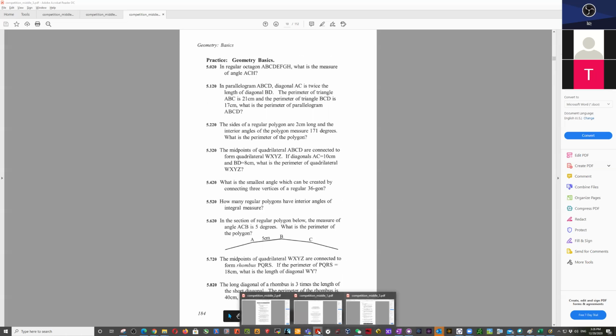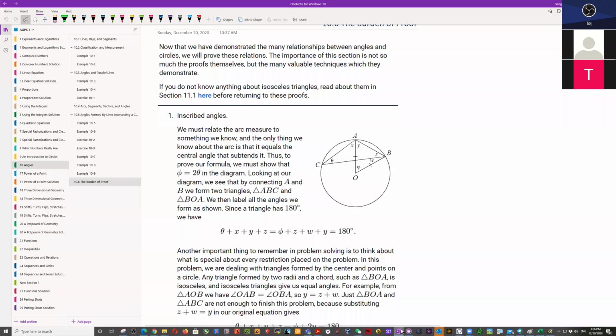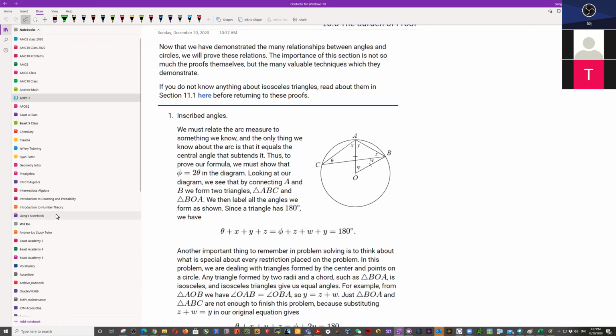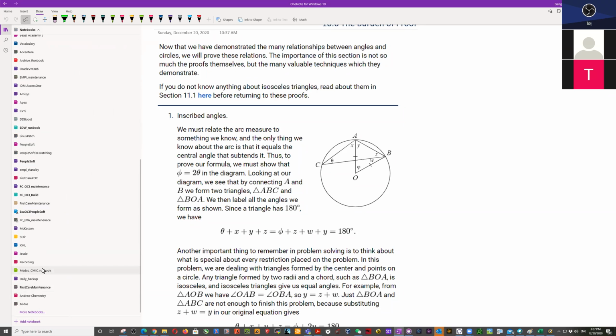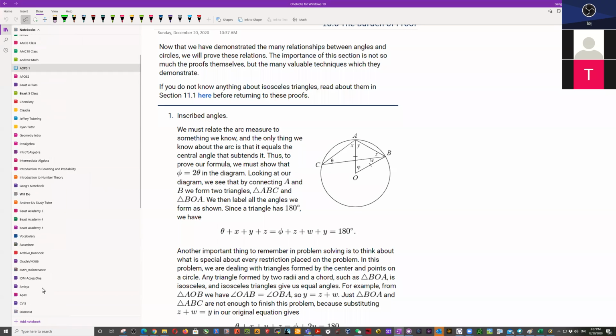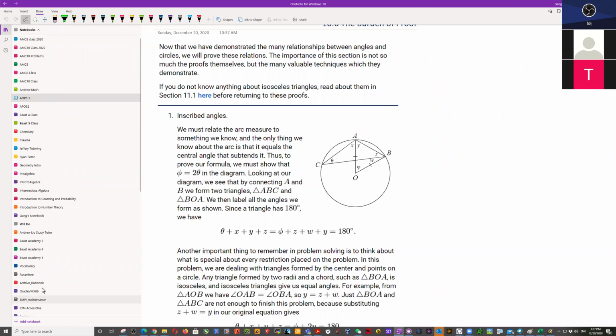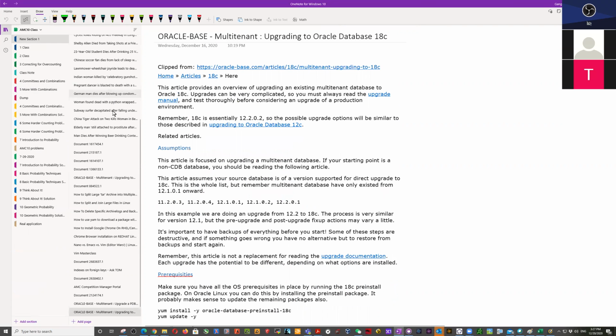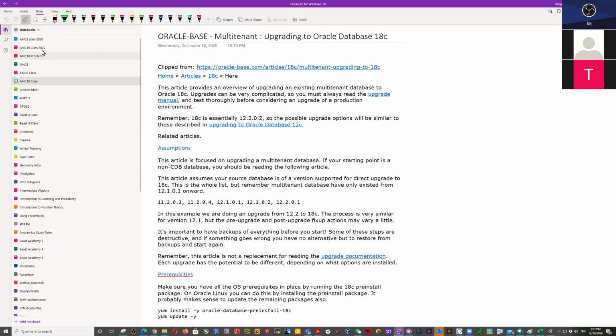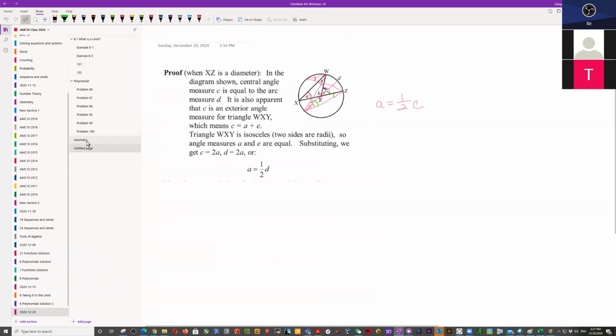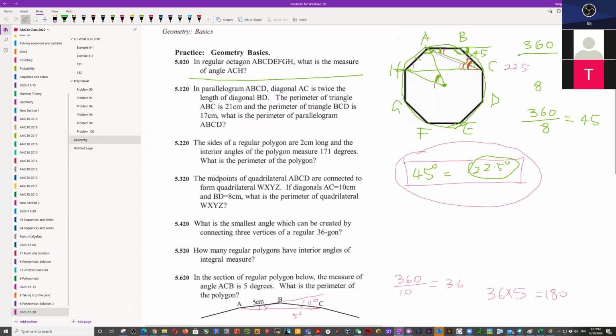Going back to the problem we have solved, it's a regular octagon.